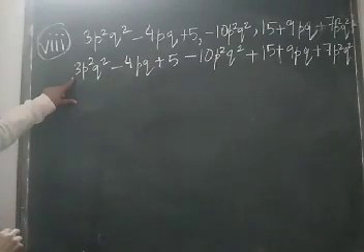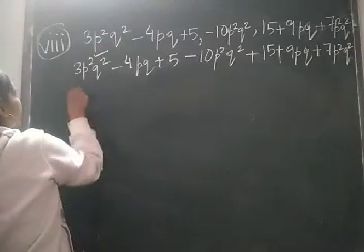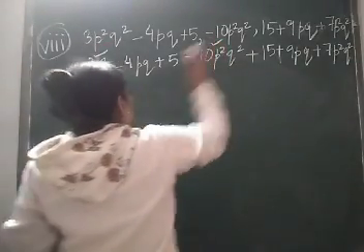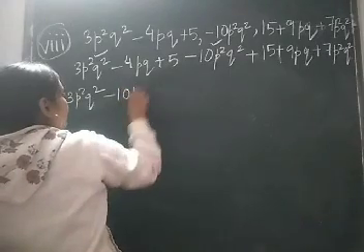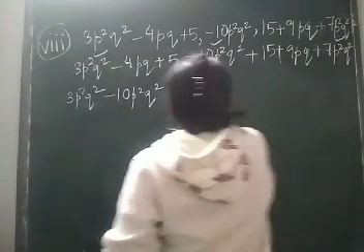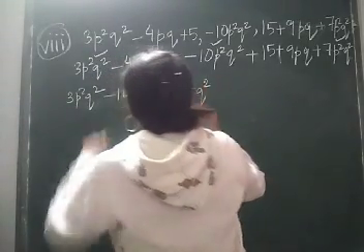All the p square q square terms we take together: 3p square q square, minus 10p square q square, plus 7p square q square.